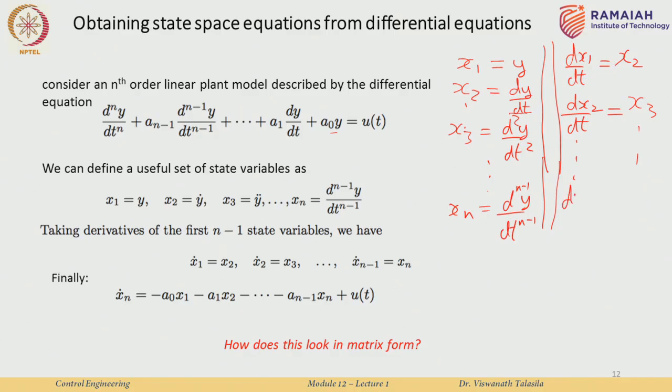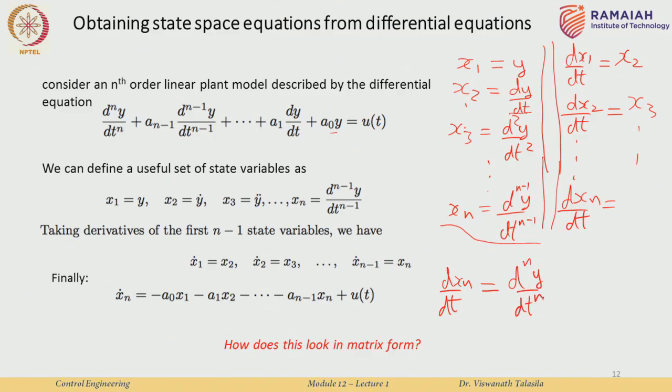Okay, x3. I can go all the way here. So, I can go to dxn by dt, which will be equal to, well, this would depend on all the states which we have over here. So, let us see how to do that. dxn by dt is nothing but, if you look at this particular expression, dny by dtn.